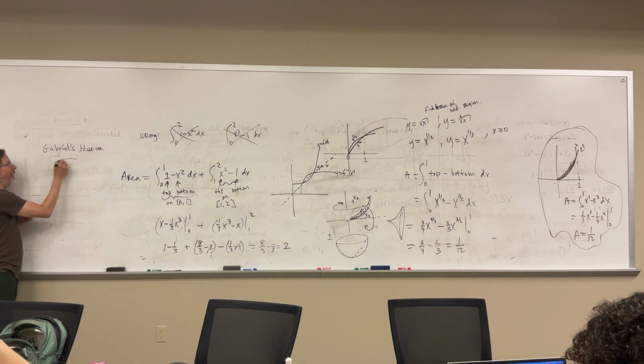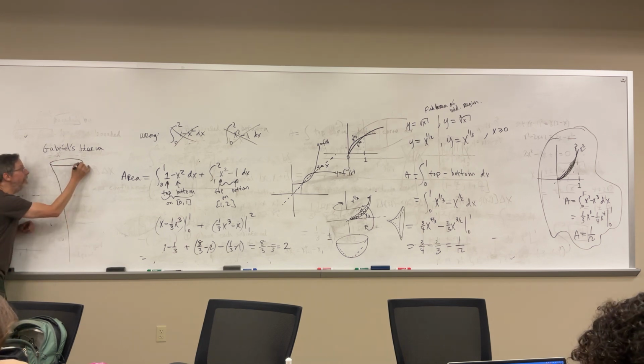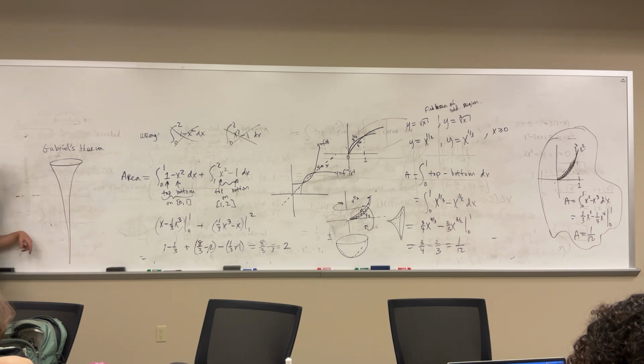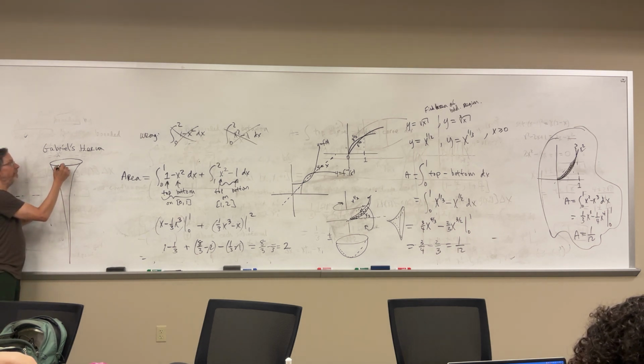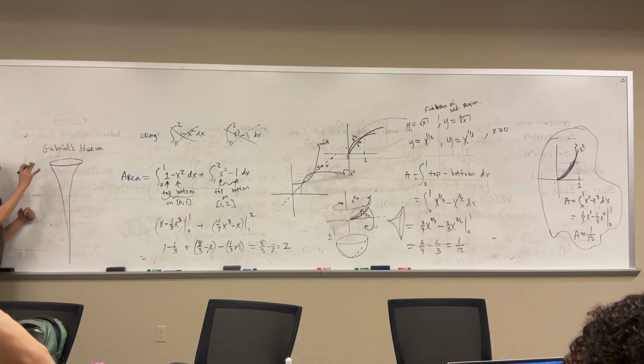We're going to make a horn that looks like this, and it's infinitely deep. So that just goes on forever. That never ends. Or does it? It never ends. Imagine it goes on forever and ever. We're going to build this horn that has infinite surface area, but finite volume.